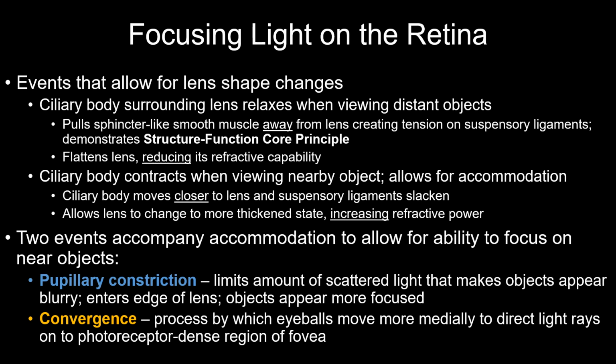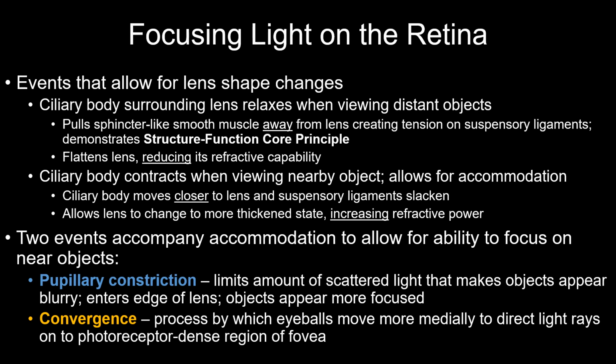So the pupils constrict slightly to cover the edge of the lens. Dilation of the pupils during an eye exam prevents that constriction, and that's why you can't focus as well on close objects after the exam until your pupils return to normal. Okay, so that's the first thing, in addition to accommodation.